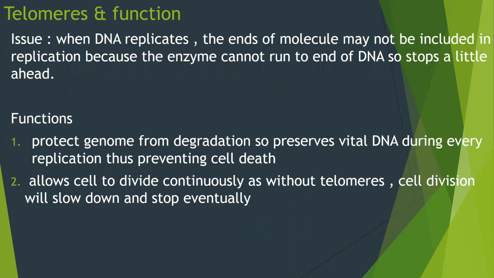The issue with DNA replication is that the ends of the molecule may not be included in the replication because the enzyme will not run all the way to the end of the DNA. So it will stop a bit ahead. So if you extend the entire chromatid length by adding DNA that does not code for anything, it will go a bit more in front, which will cover the vital DNA and also some useless bases.